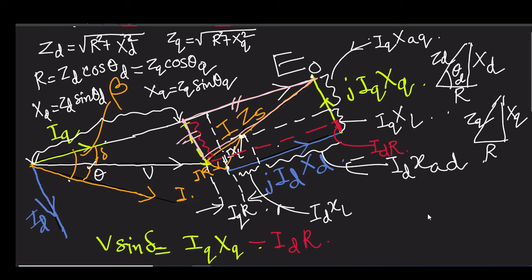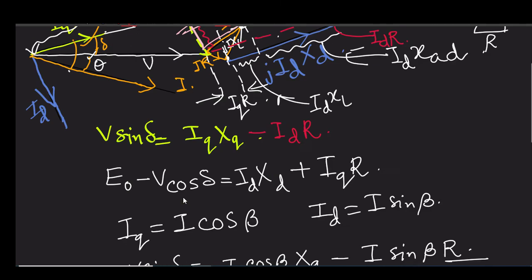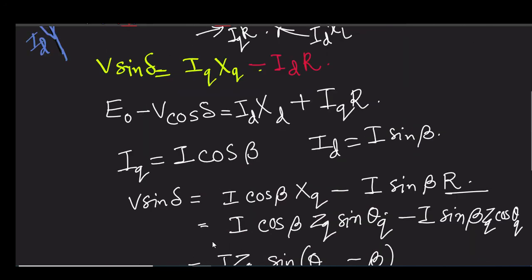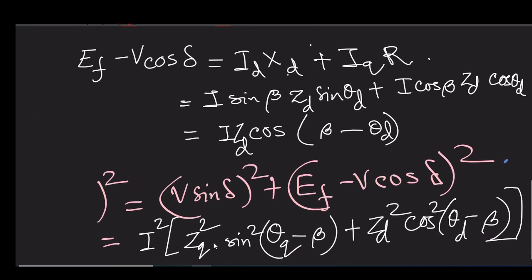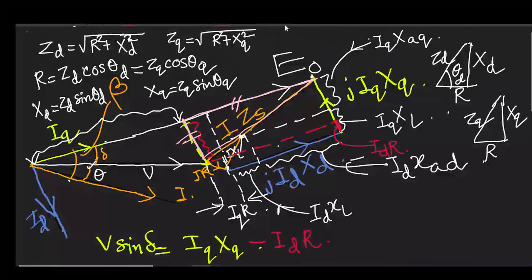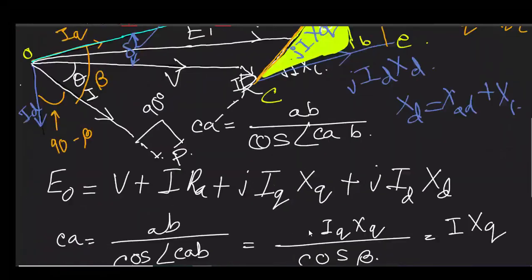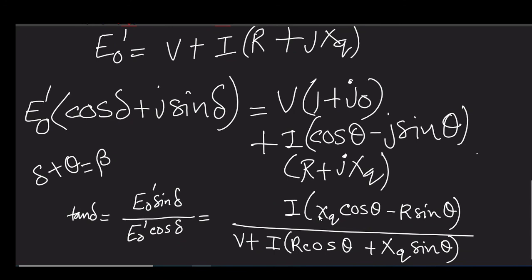So in a nutshell, for a constant load, if we keep theta constant, then delta, somewhere I must have derived the equation for delta. Yes, here you can see that delta solely depends on theta and I. If theta, I and V are constants, they are responsible for delta.